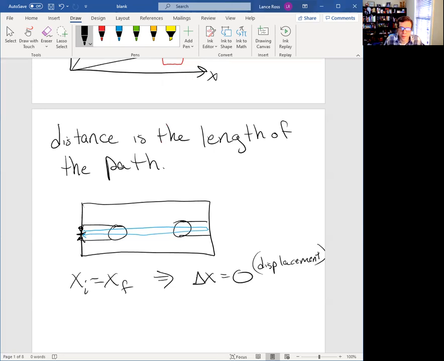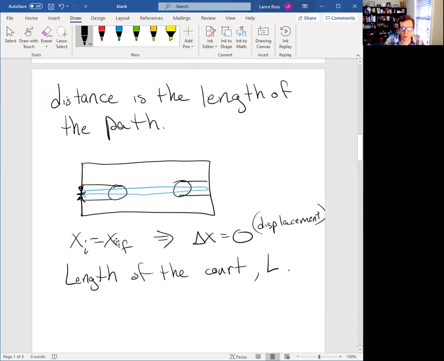But what about the distance you traveled? If the length of the court is some value L, what's the distance you traveled? The distance you traveled is 2L, traveled down the court and back.